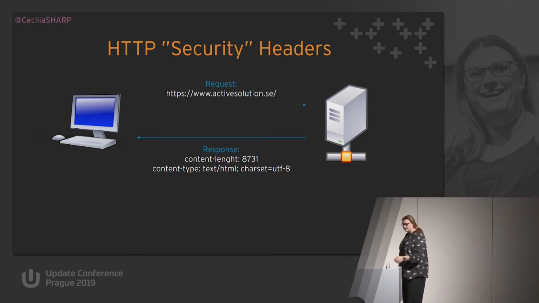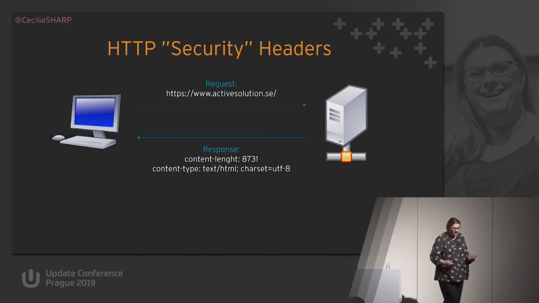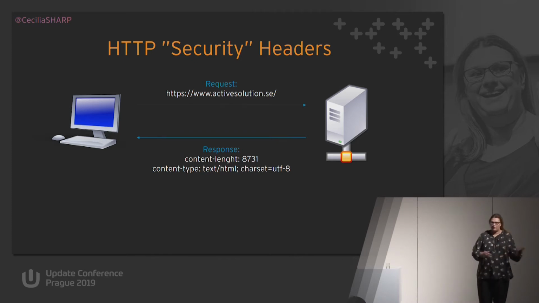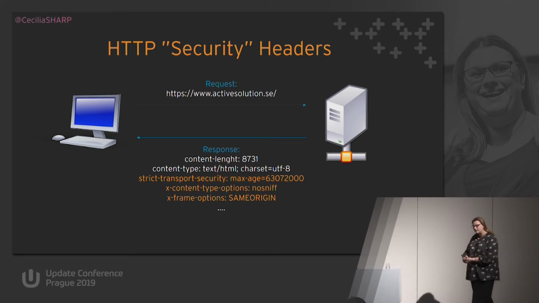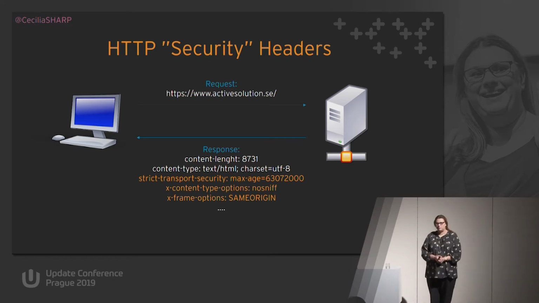And amongst those headers, there are headers that are related to security, and that's why they are called HTTP security headers. So we have a lot of different headers in our responses. And those are just examples of some of them we are going to talk about today that are HTTP security headers.